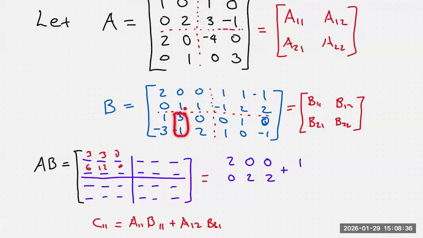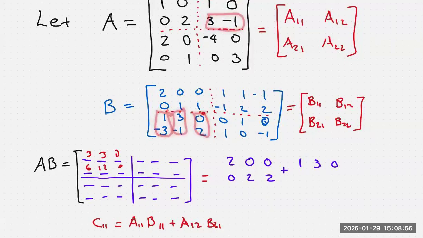That's 3. Then 10 times 02, that's 0. I'm going to go down now, which is the 3 negative 1 by the same things across here. This one by this one, then this one, and this one.